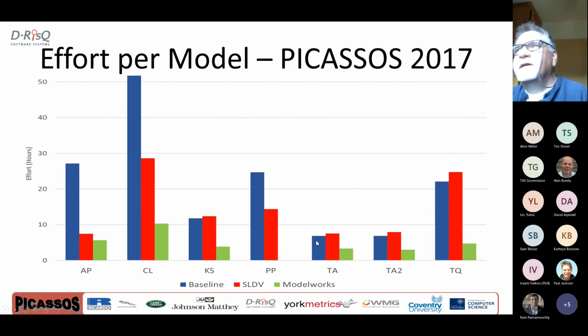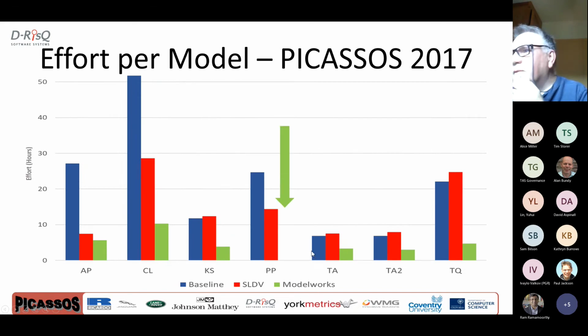Now, this was done back in 2017, before we had the capture tool, before we had developed it. All we had was a language which you need to manually express and feed into ModelWorks. So there was a lot of manual effort associated with that, which has now gone away. So these figures in green are actually worse than they are now.